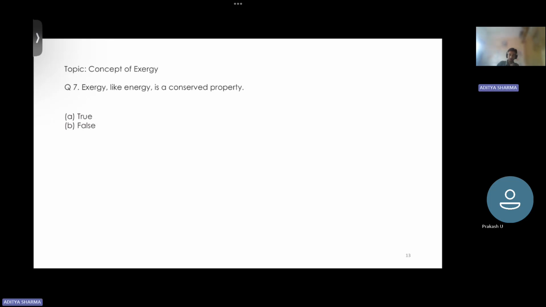So this is one such statement. So is exergy a conserved property or not? You can try to answer this.